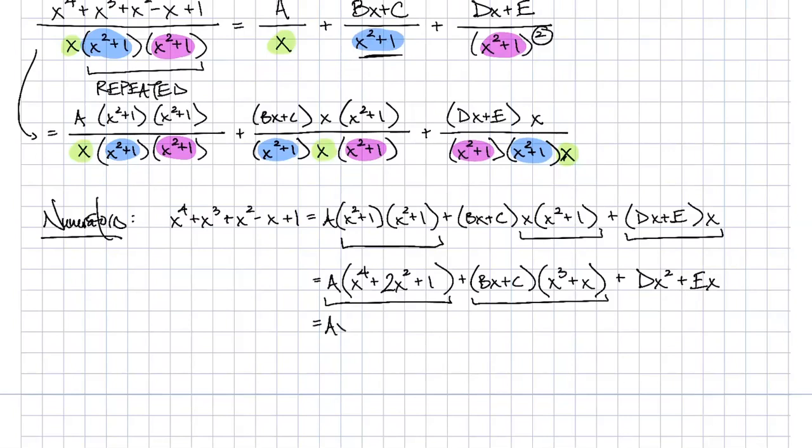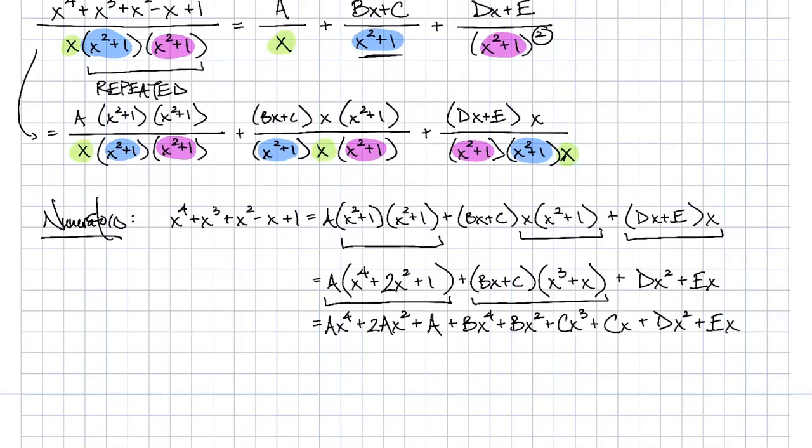So ax to the fourth plus 2ax squared plus a plus bx to the fourth plus bx squared plus cx cubed plus cx plus dx squared plus ex.